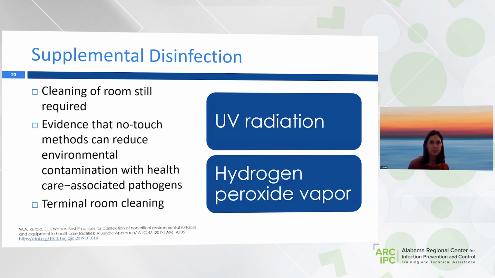So in terms of the language, there is indeed evidence. When we look at a summary of the review of the studies that have been done, Rutala and Weber state that yes, there is indeed evidence that no-touch methods can reduce environmental contamination within the environment.